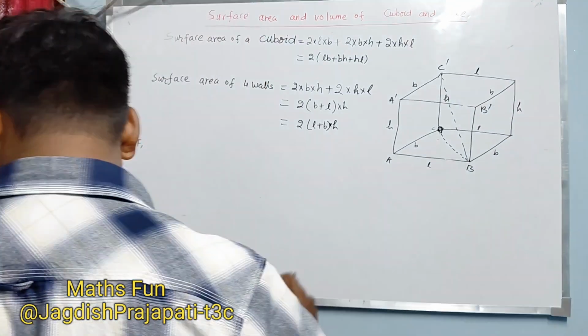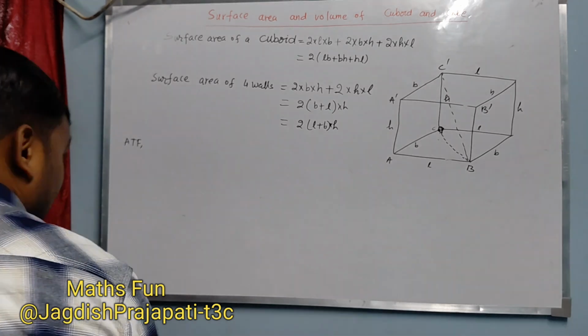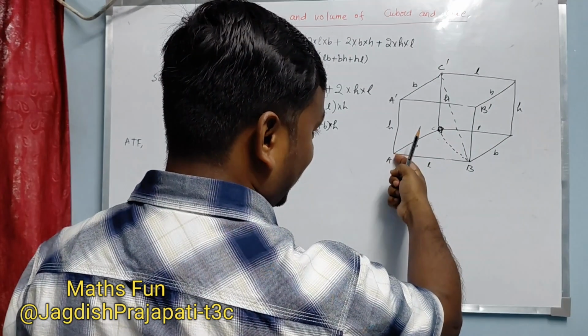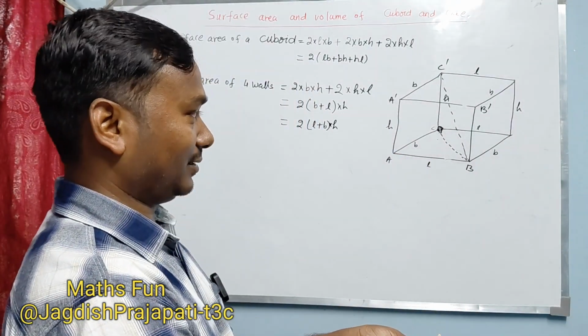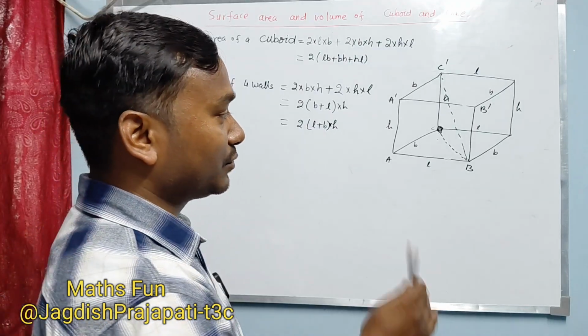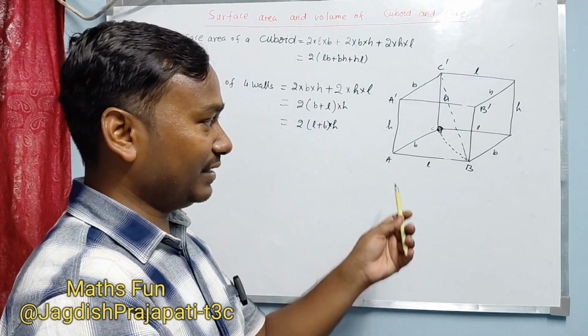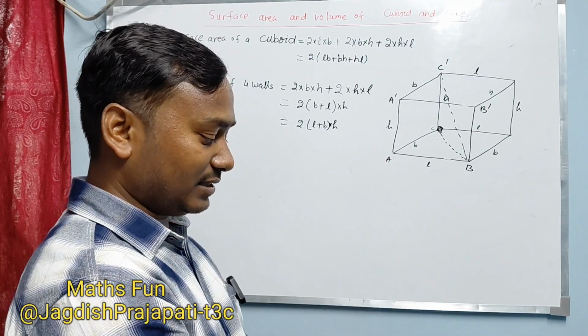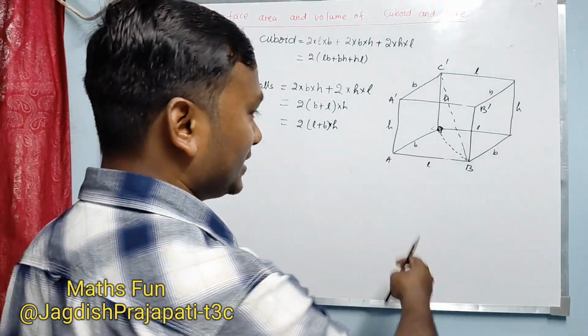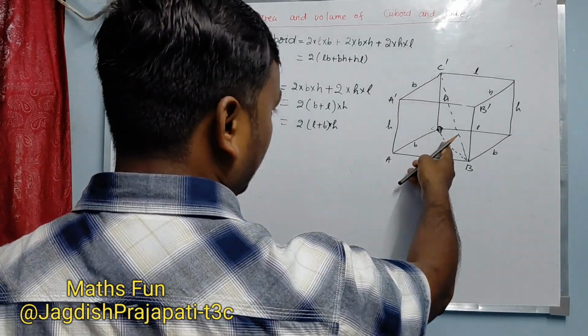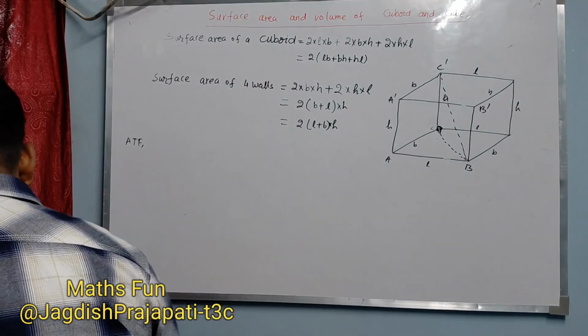Actually this is just like this. In order to show on the board, I have made it like this. Actually this is like this. Okay, so this is 90-degree, and therefore this will be the perpendicular, hypotenuse.